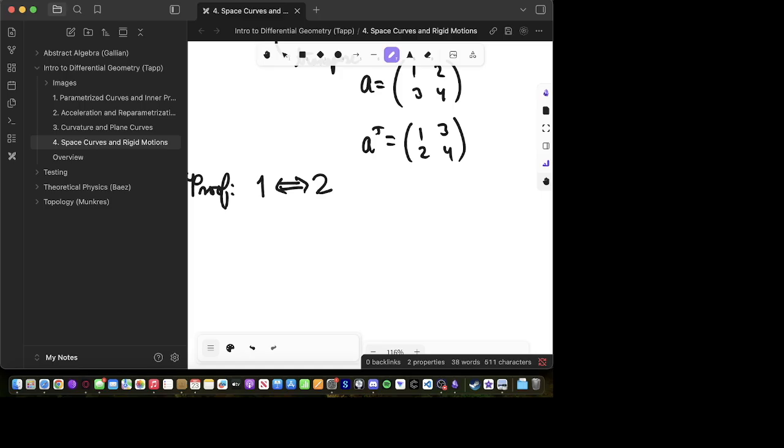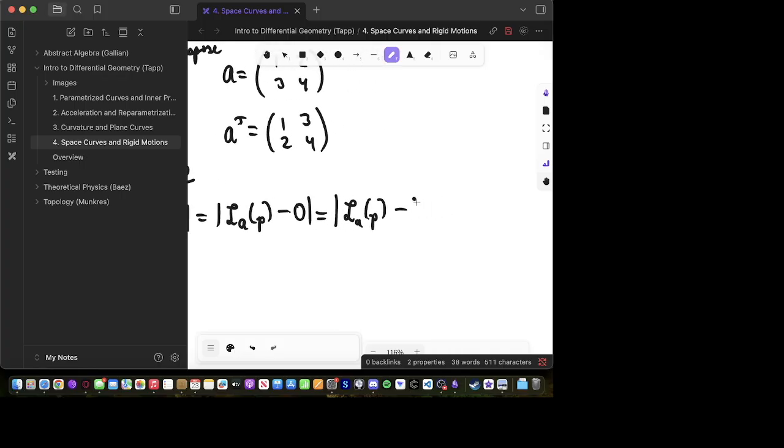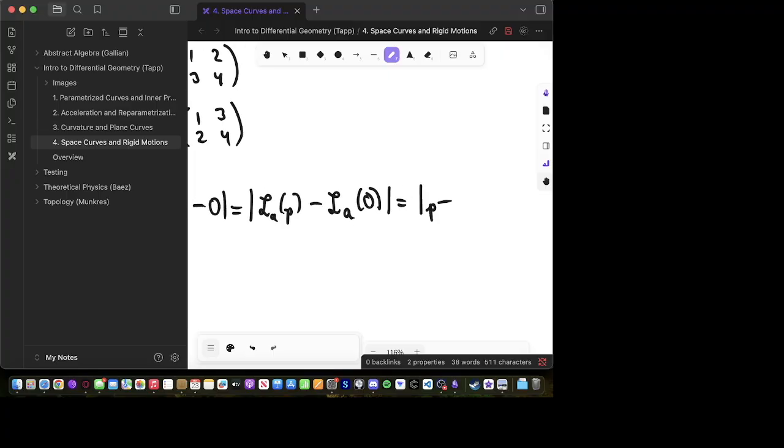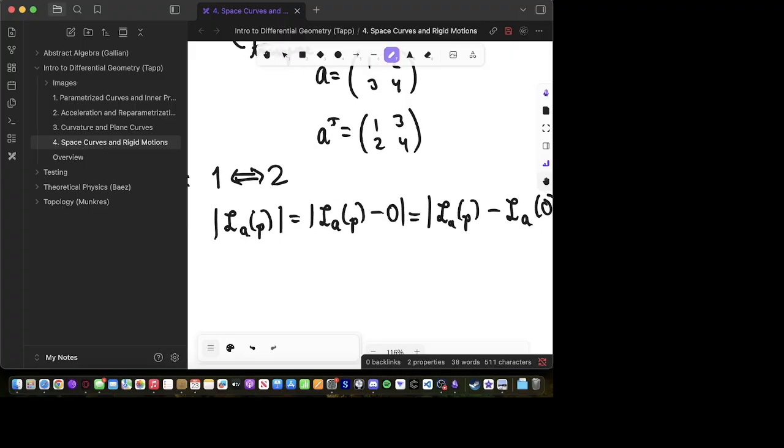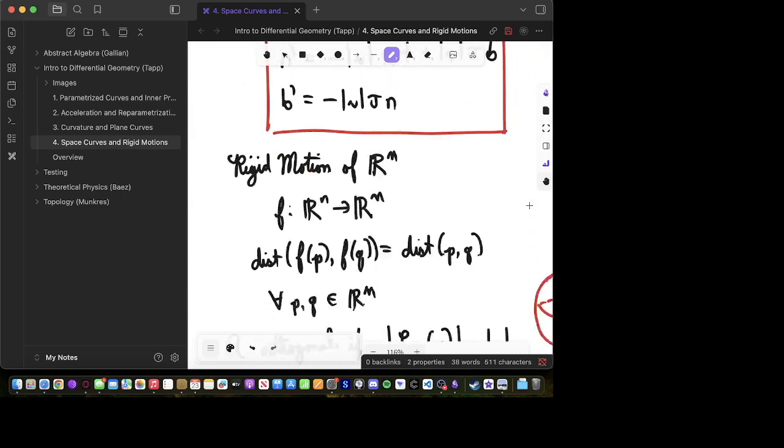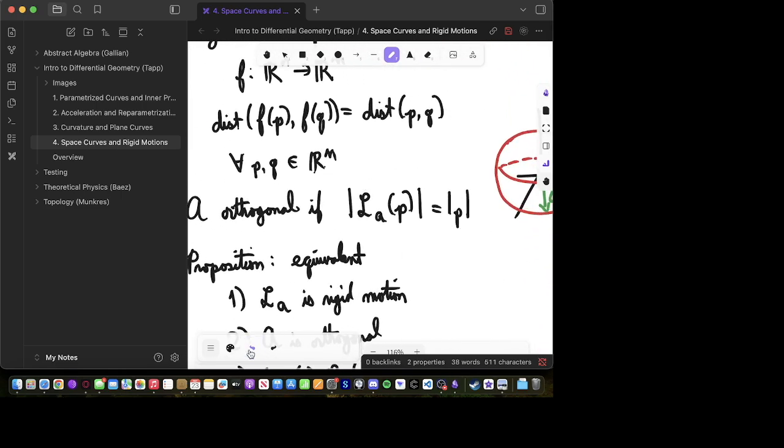So if LA is a rigid motion, then we have that, so this simple statement simply proves that A is orthogonal by the definition of an orthogonal matrix, if we recall that.